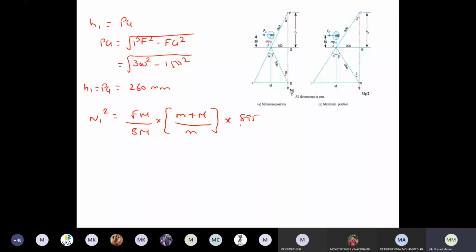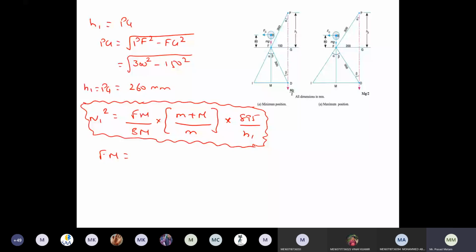Now, what are the unknowns here? I know the h1 value. The unknowns are FM and BM values. This is the formula, the relationship between speed and height of a governor for a Proell governor type. This is not Porter. This is a Proell governor. This is the formula for the height and speed of the governor.